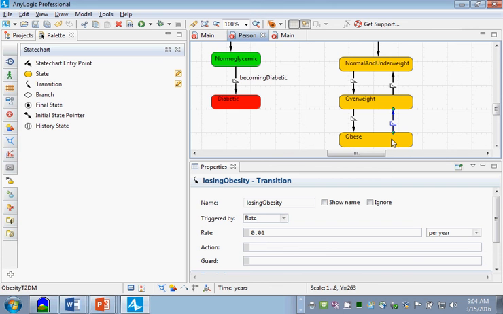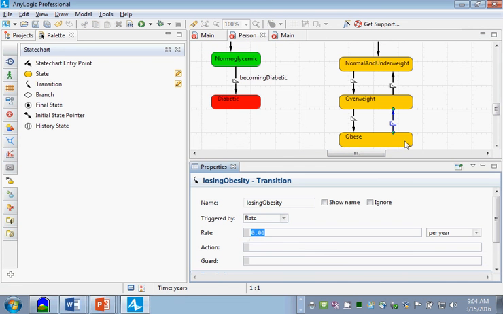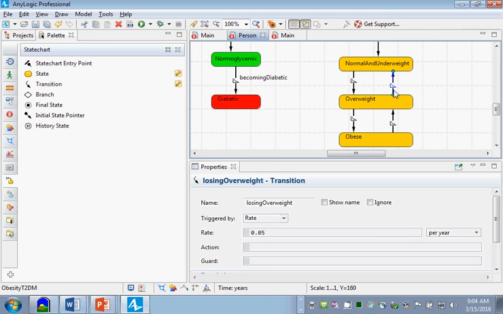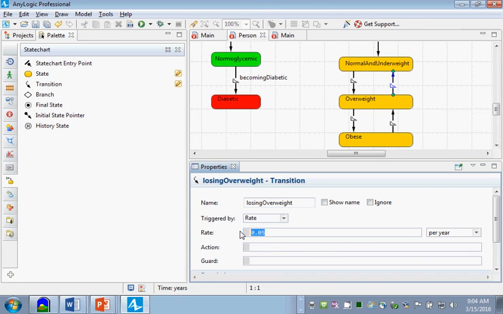Losing obesity, that was the one from obesity to overweight, and I had a rate of 0.01. And overweight to normal and underweight, a rate of 0.05. And I called it losing overweight. Okay, ladies and gentlemen. Great.